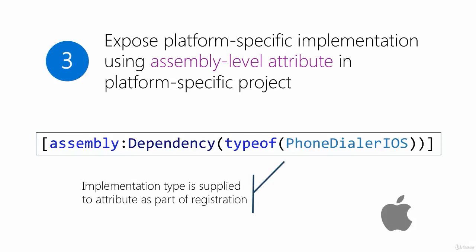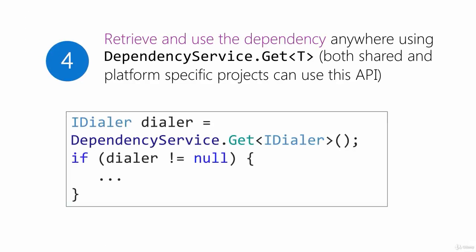In Xamarin Forms 1.3, you can also use a new Register method to add specific instances or types to the dependency service in code versus declaratively with an attribute. This allows you to make runtime decisions about the implementation of the service or to instantiate a service implementation with a parameterized constructor. Finally, anywhere in your app, you can request the abstraction from the dependency service.